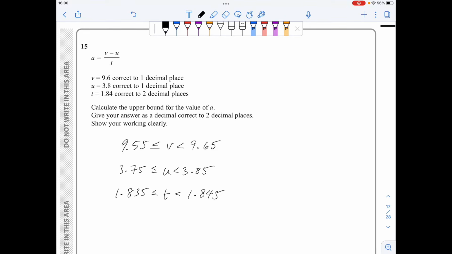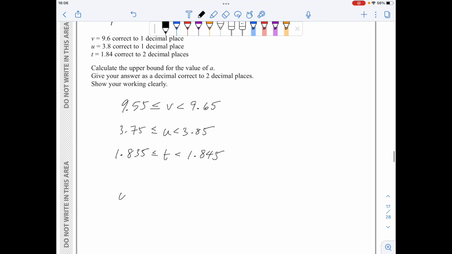And since I want the upper bound of A, I will need to divide the upper bound of the numerator over the lower bound of the denominator. And since the numerator is a difference, I'll have the upper bound of the first number minus the lower bound of the second number.